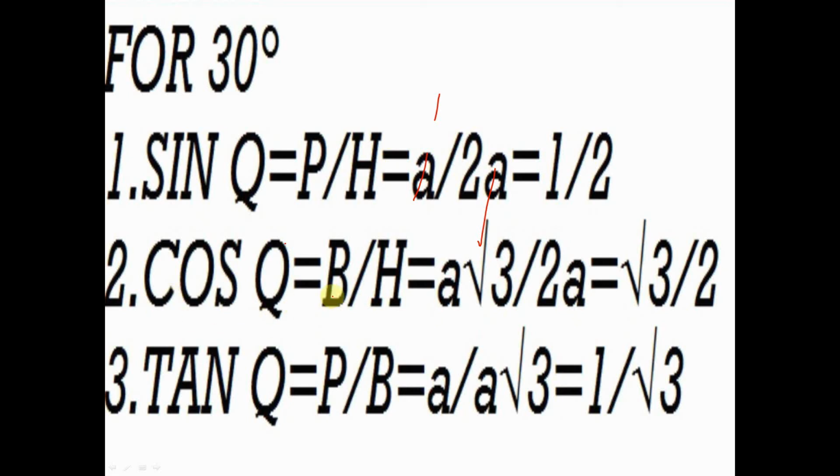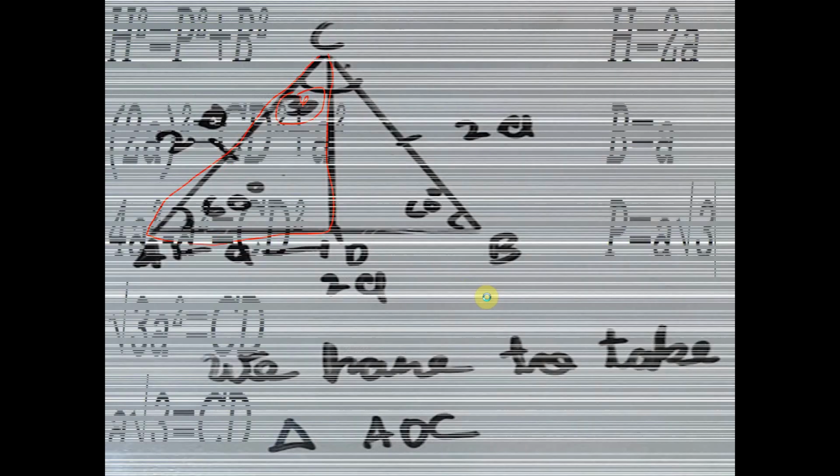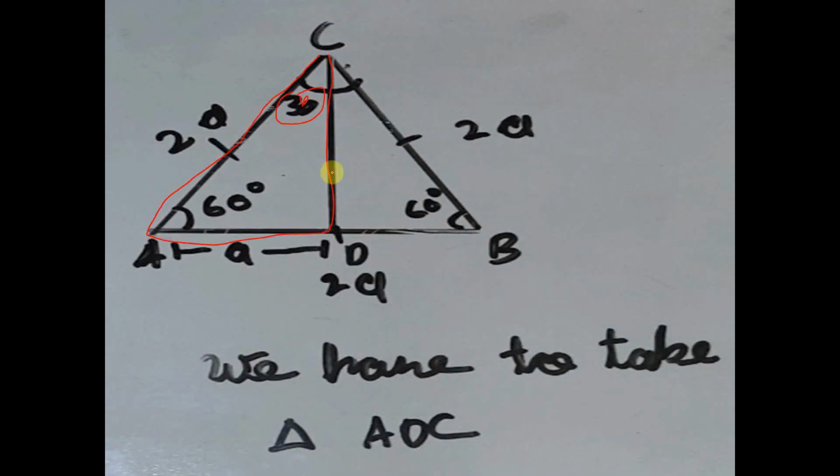Cos theta is equal to b by h. B value is a root 3, because you can see in this the perpendicular is a root 3 and we have found the value of this perpendicular, and this perpendicular value is a root 3, but we are standing on the 30.